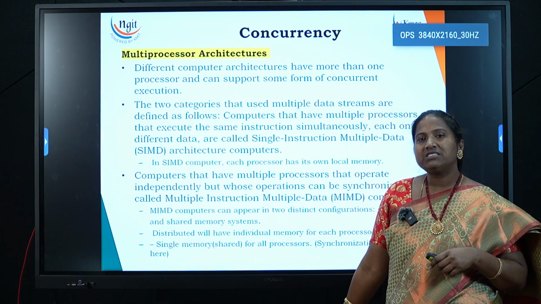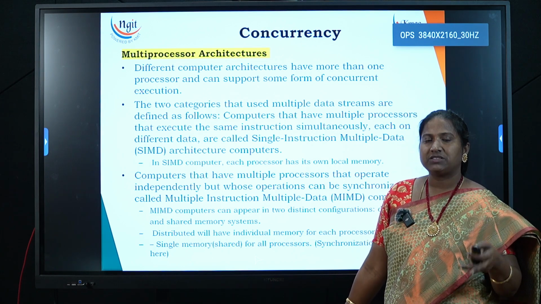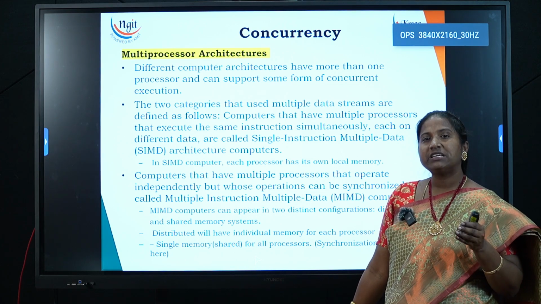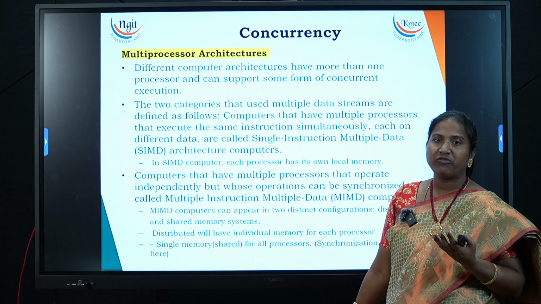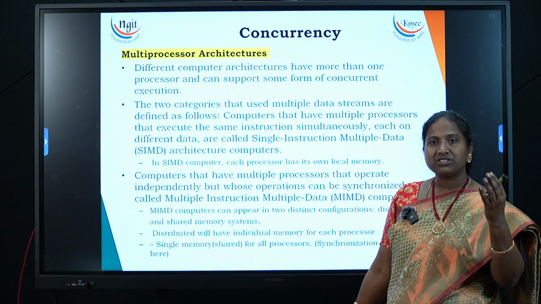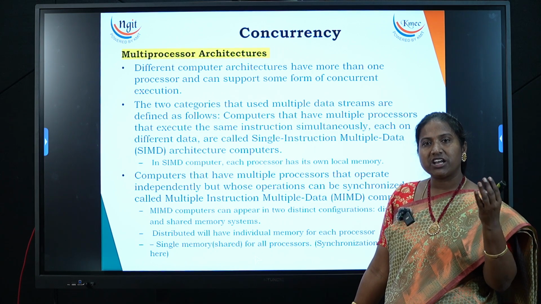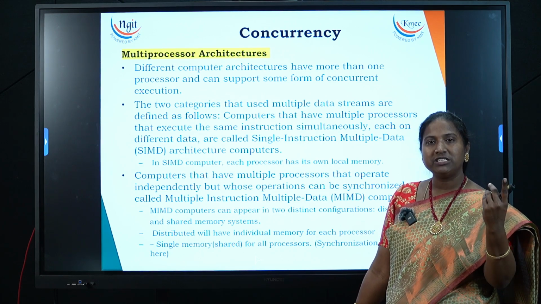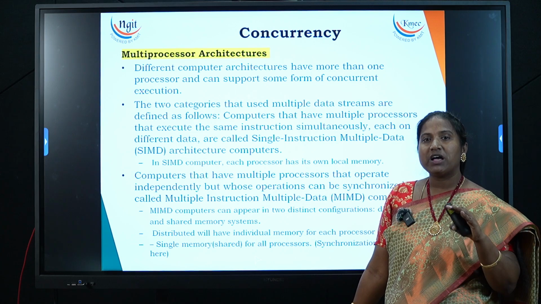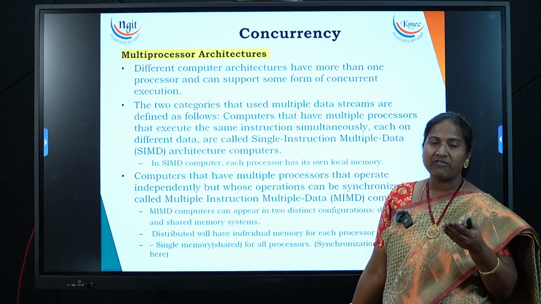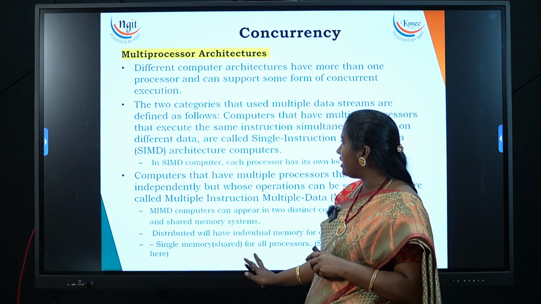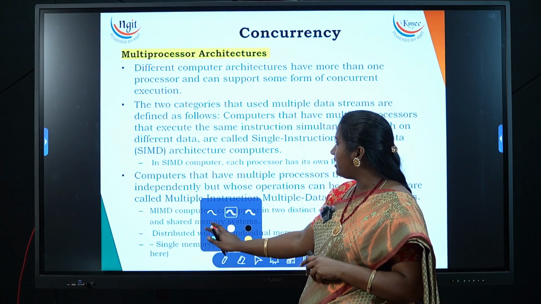While you were reading the computer organization subject, you might have gone through the topic of processing units. Basically we have 4 kinds of processing units: single instruction, single data stream; single instruction, multiple data stream; multiple instruction, single data stream; and multiple instruction, multiple data stream. Of these 4 categories, we are going to deal with 2 kinds: SIMD and MIMD.